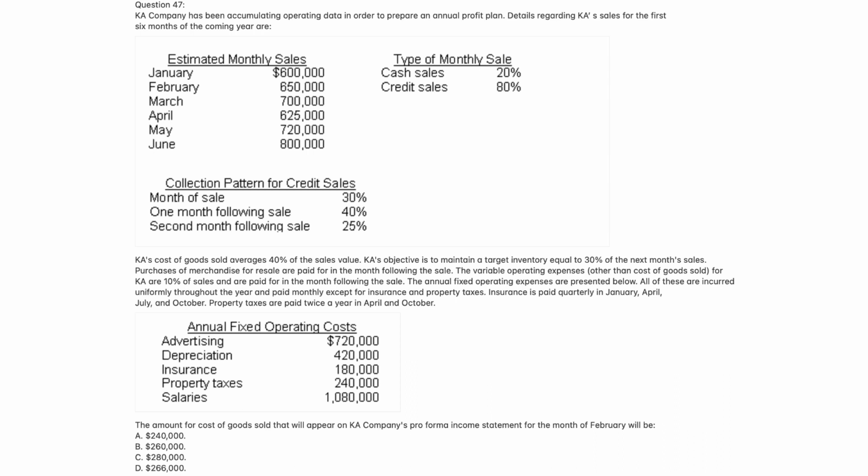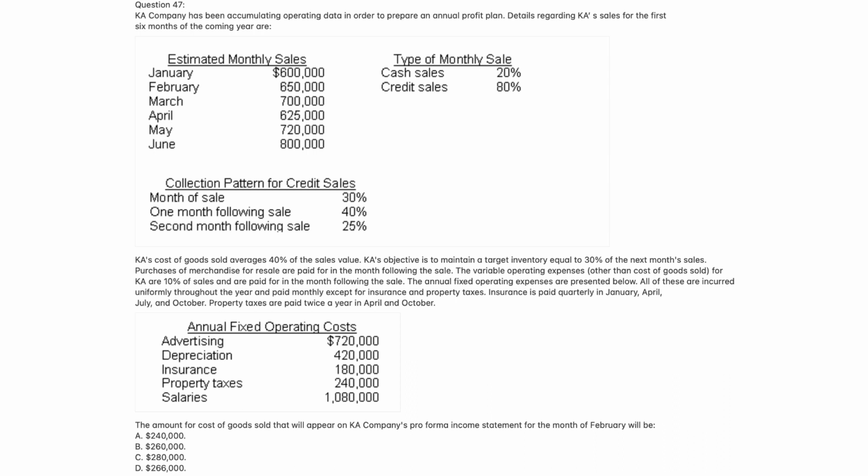The variable operating expenses, other than cost of goods sold, are 10% of sales and are paid for in the month following the sale. The annual fixed operating expenses are presented below. All of these are incurred uniformly throughout the year and paid monthly except for insurance and property taxes. Insurance is paid quarterly in January, April, July, and October. Property taxes are paid twice a year in April and October.